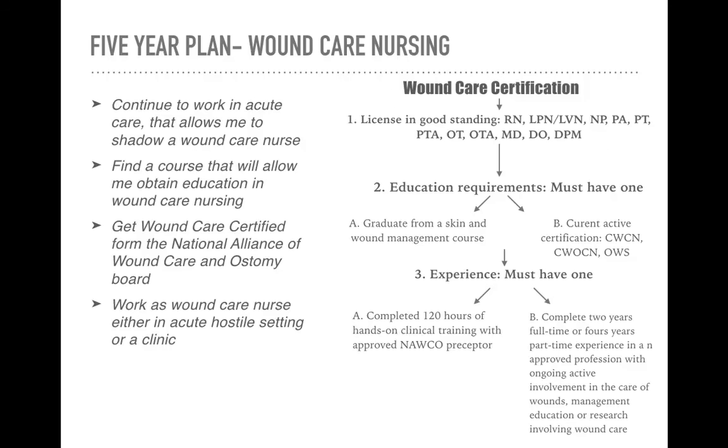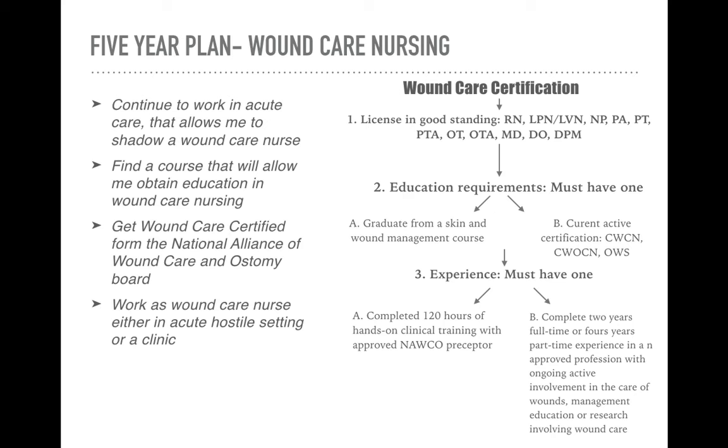So for my 5-year plan, I put wound care nursing. It would take a little while because you do have to save for the classes, so it would carry on through 5 years, I believe. On the right hand side, I put what comes directly from the certification board, which is the National Alliance of Wound Care and Ostomy eligibility requirements.